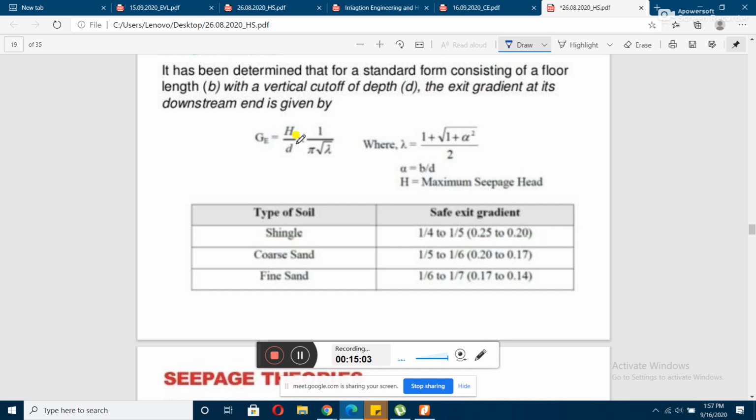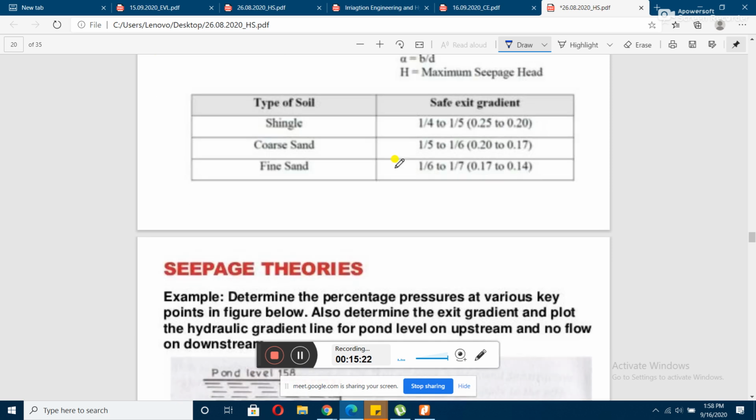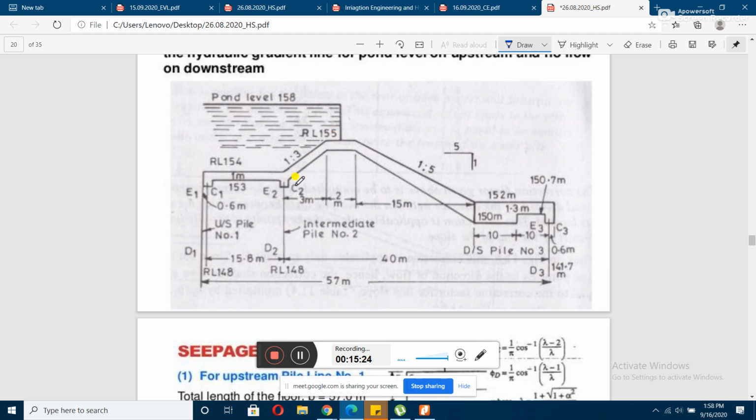So for the exit gradient, 1 by pi, you know, 3.14, root over lambda is already known to us. H by d: d is the depth, that is the vertical cutoff depth, okay, and H is the maximum seepage head. What is the maximum?